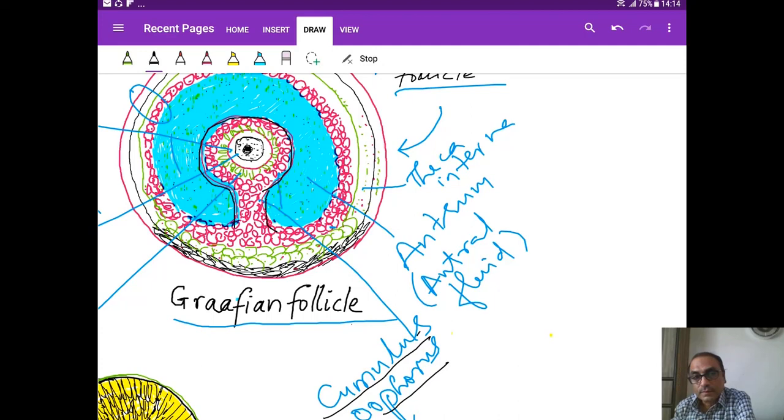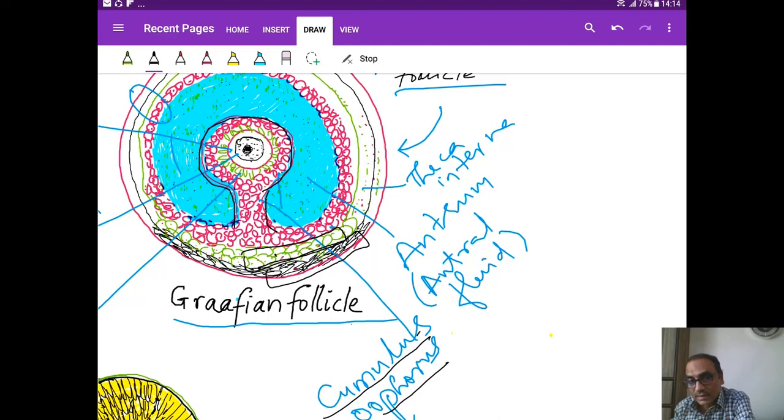Cumulus oophorus, right? And then, by the way, let us know about the wall of the Graafian follicle. As you see here, the outermost layer has flattened cells. The middle one has got more or less oval, thin membraned cells. The outer one is called as theca externa, and the inner one, or the middle layer of the wall, is called as the theca interna.